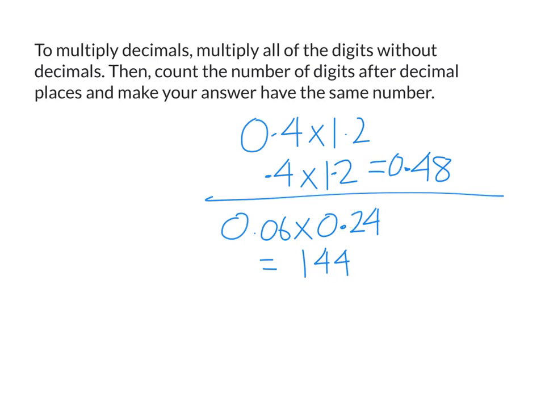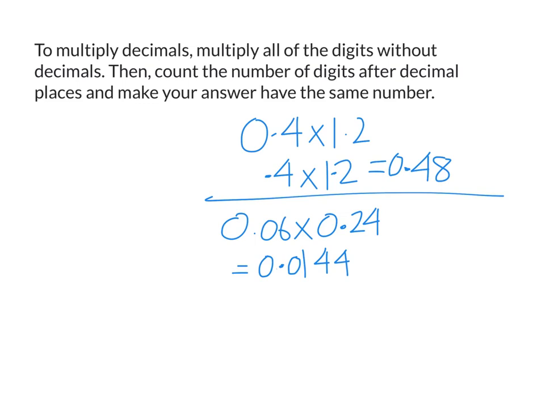So what I need to do is add in a 0 at the start and then put the decimal point in. So it doesn't matter whether I write it as 0.0144 or .0144. Same answer. So my answer has 4 digits after the decimal point because there are 1, 2, 3, 4 numbers after the decimal point in the question. All right, how easy is that?